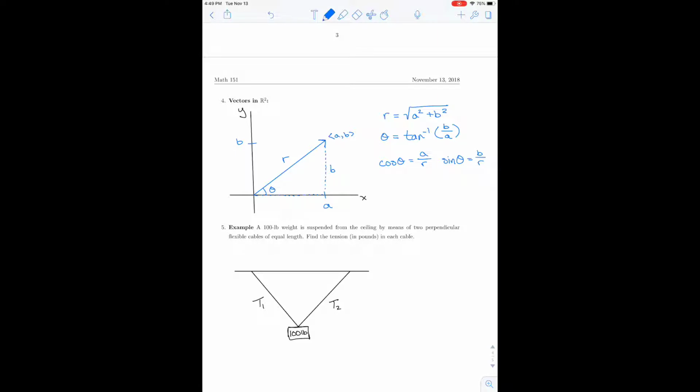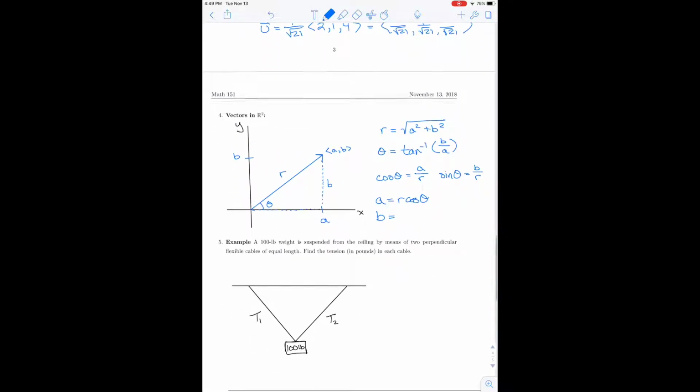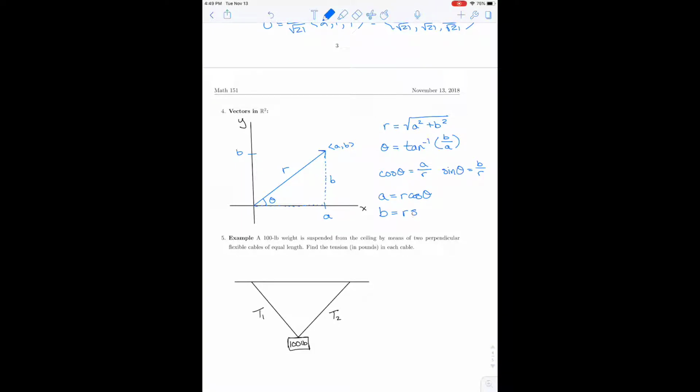And so we can get the x coordinate A back as A being r cosine theta, and we can get the y distance back B as being r sine theta.